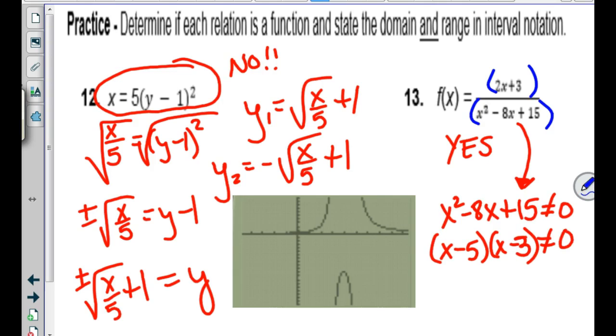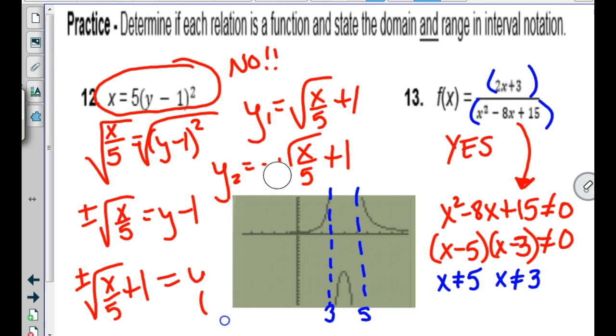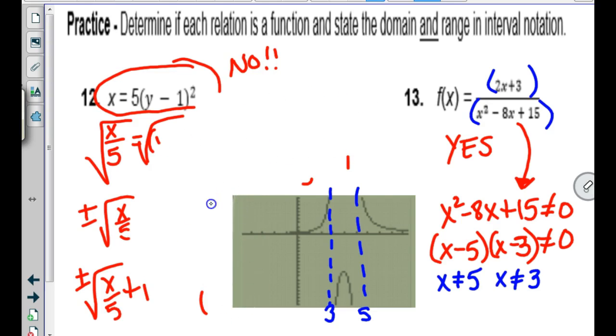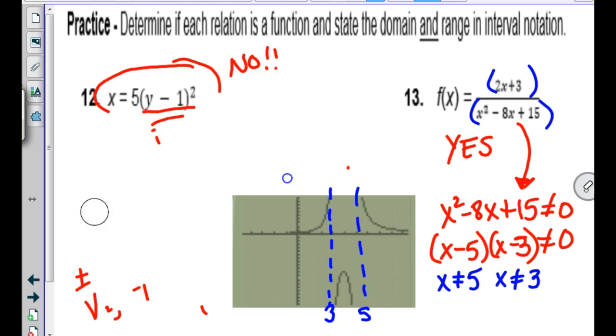So where are the undefined places? X cannot be 5 or positive 3. Does that look like it might be true, that there's an undefined place at 3 right there and over here at 5? So how would we list the domain for that question? You know what? I'm going to get this off the screen so we can use this extra space over here.